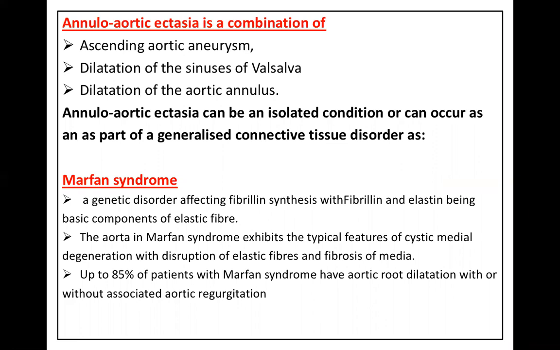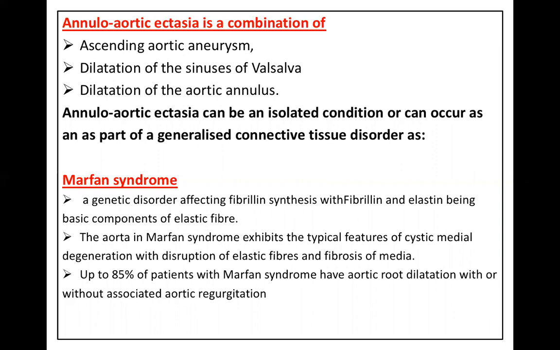It can occur as an isolated condition or as a part of a generalized connective tissue disorder, like in Marfan syndrome, which is a genetic disorder affecting the fibrillin synthesis, and elastin being a basic component of elastic fiber, which will affect the medial layer.